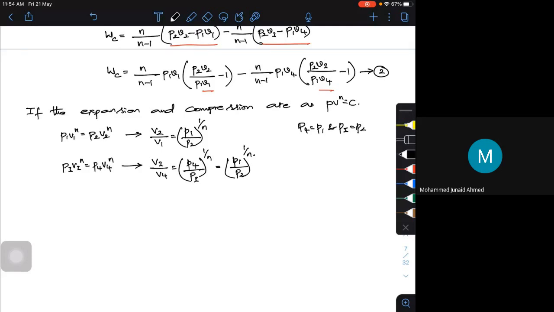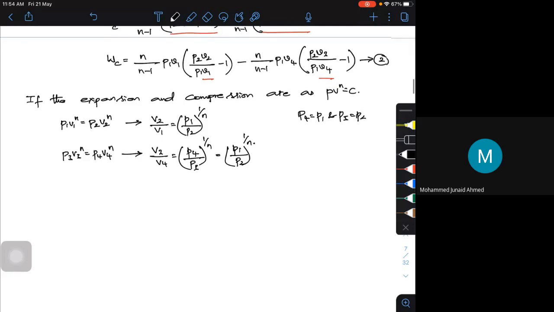So if I substitute this in equation number 2, what will happen to your compression actually? Therefore, your work of compression is equal to n by n minus 1 into P1 V1. So this is P2 by P1 into V2 by V1.